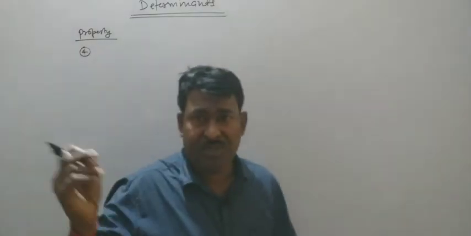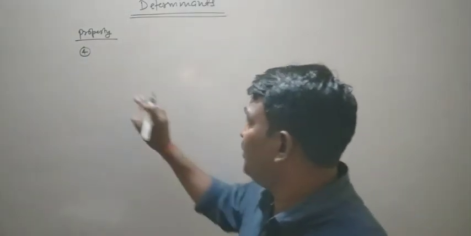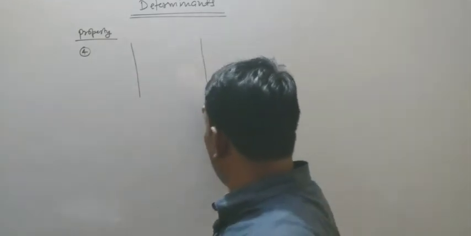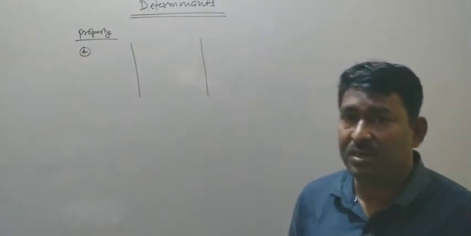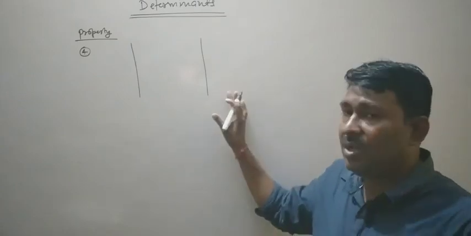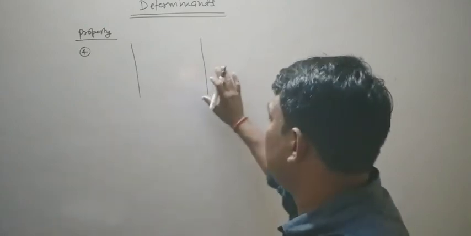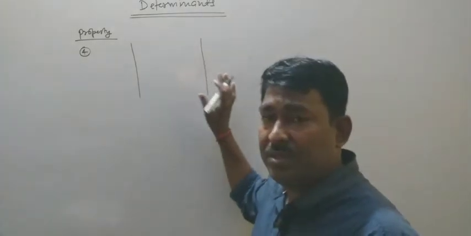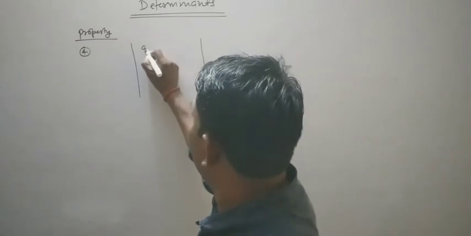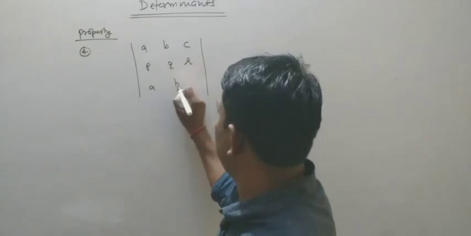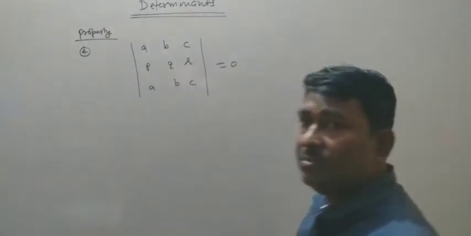Now coming to property number 4. Properties number 4, 5, 6, these are the most important properties. According to property number 4, if any two rows or columns of a determinant are identical, then the value of the determinant will be 0. For example, if A, B, C here, P, Q, R here, and again A, B, C, then its value will be 0.